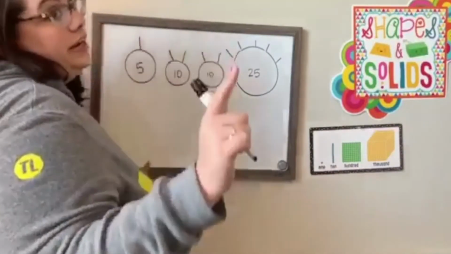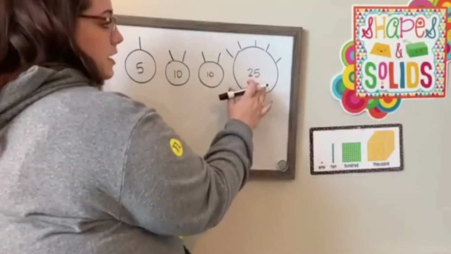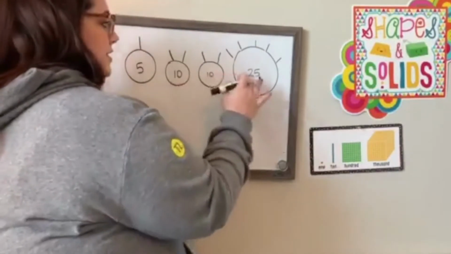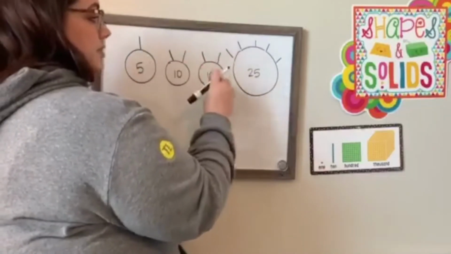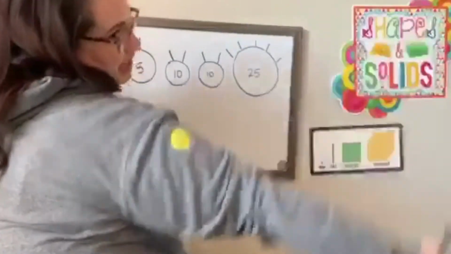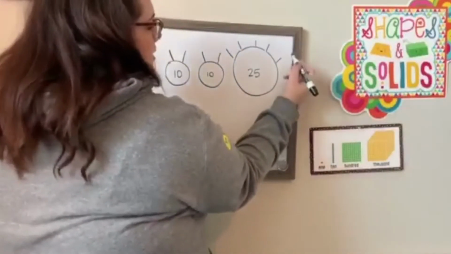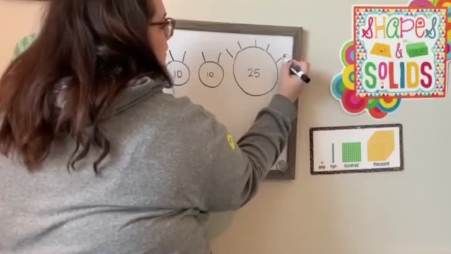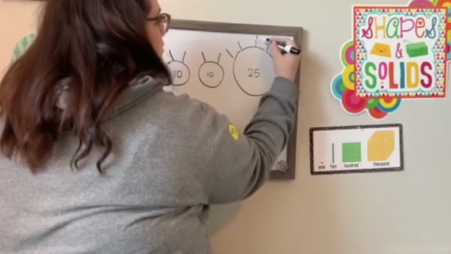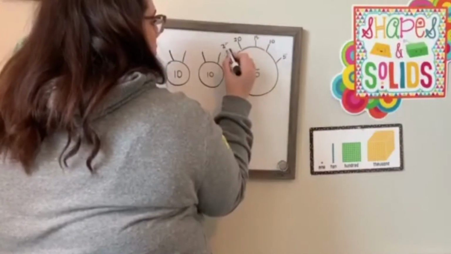Now, here's a trick. I always like to start with the biggest value first, because for me, it's easier to add the smaller values to the bigger value versus adding all the smaller ones and then adding the big one. So let me show you. Here we go. I'm going to start with the quarter because it's the biggest value. So 5, 10, 15, 20, 25.